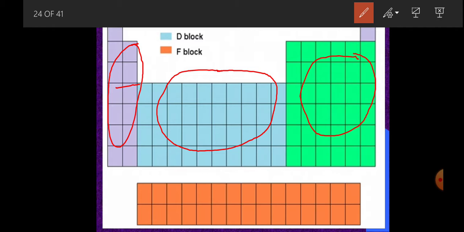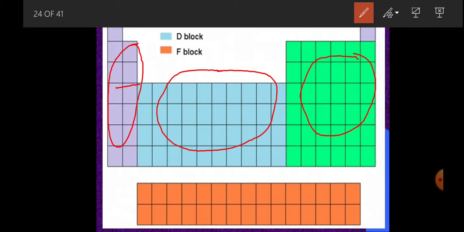The block that is blue in color has elements that are not normally studied frequently. Only a few are studied, and they are called transition elements. A few examples are copper, iron, chromium, and manganese.